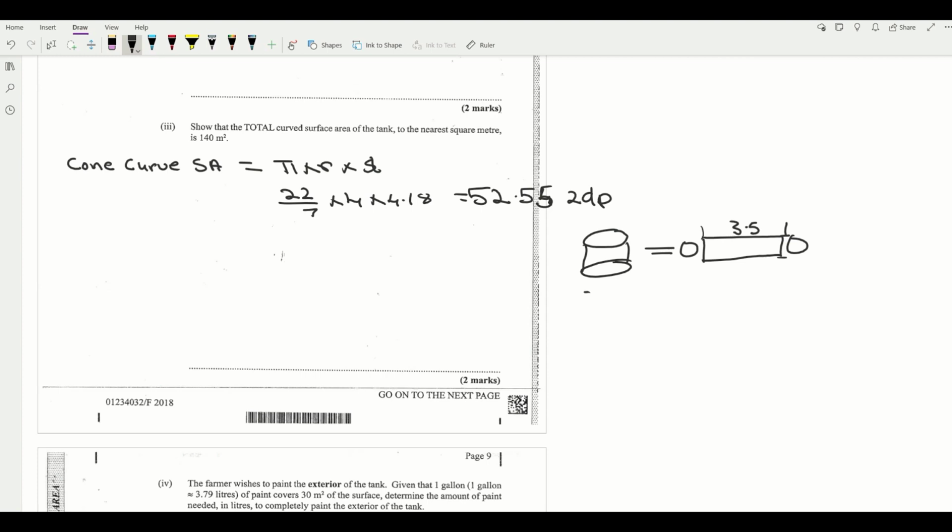Circumference is equal to 2 pi r, which is equal to 2 multiplied by 22 over 7 multiplied by radius, which is 4. Put it on a calculator, that's 8 multiplied by 22 over 7, which is 25 and 1/7. This here is a rectangle when you open it out.